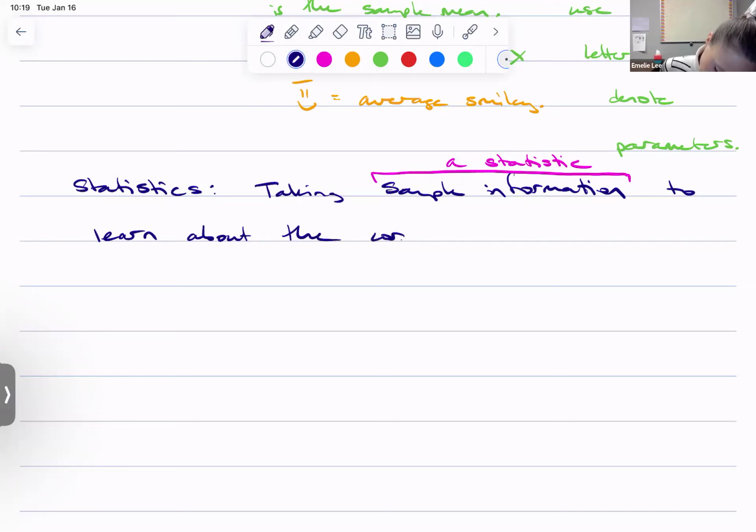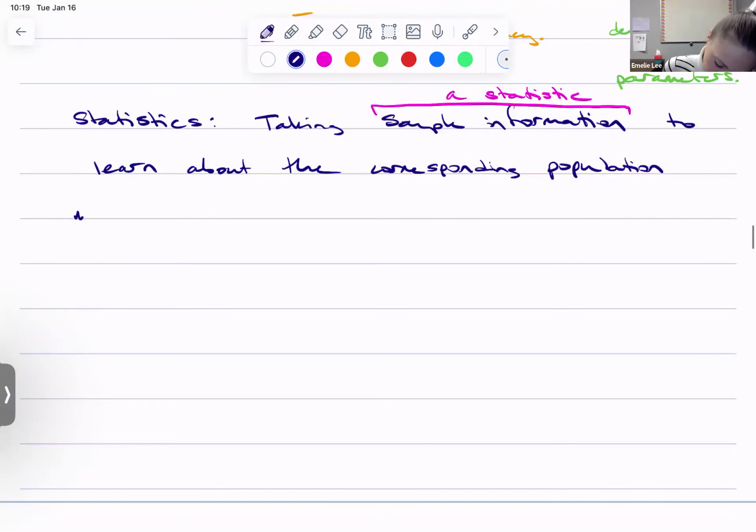the corresponding population measurement, or information if you prefer. But that population measurement is a parameter.